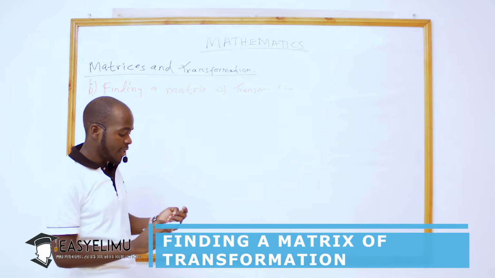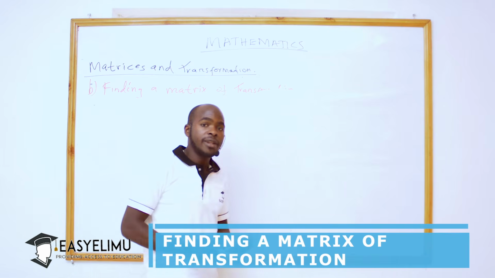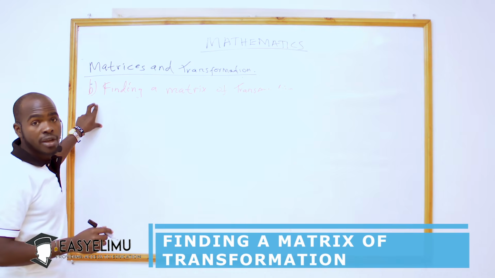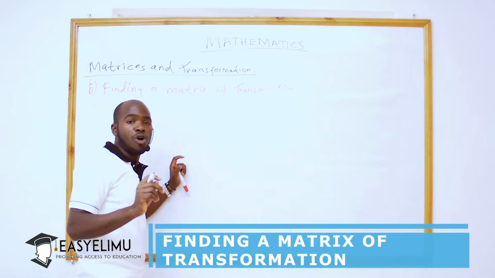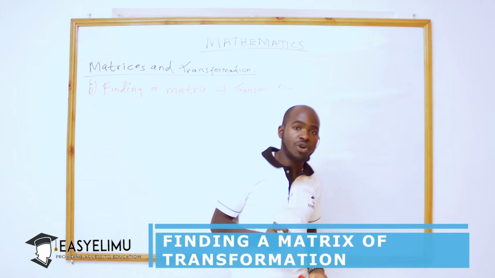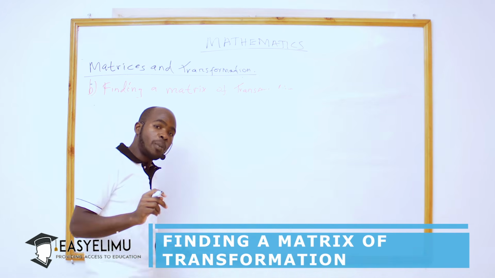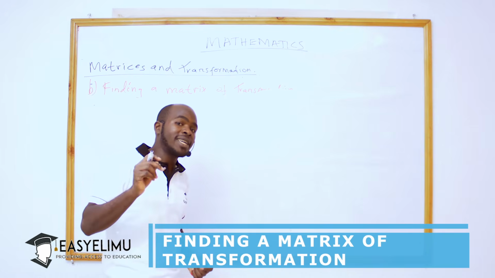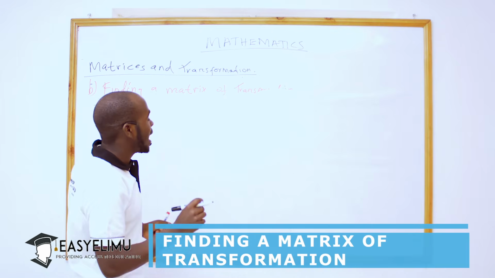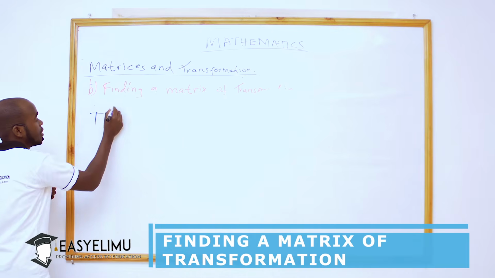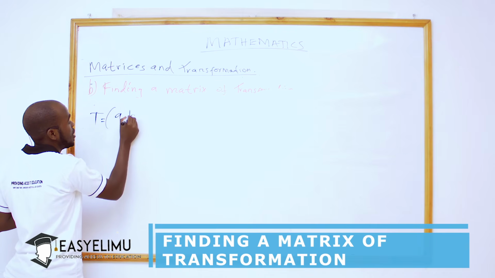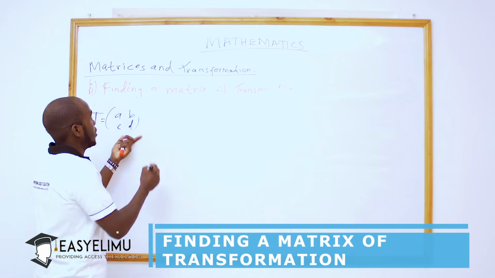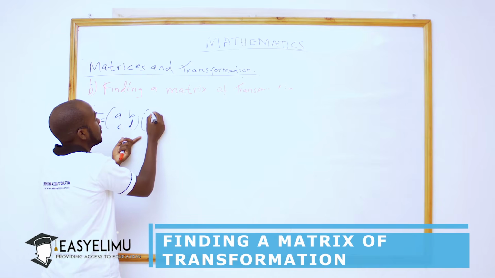In general, we can say that if you have been given the object or the vertices of any kind of object, be it a quadrilateral or a triangle, and you have been given the image vertices that has passed through a certain transformation T. To get that T, which is equal to A, B, C, D, you need to pre-multiply it with the given object.